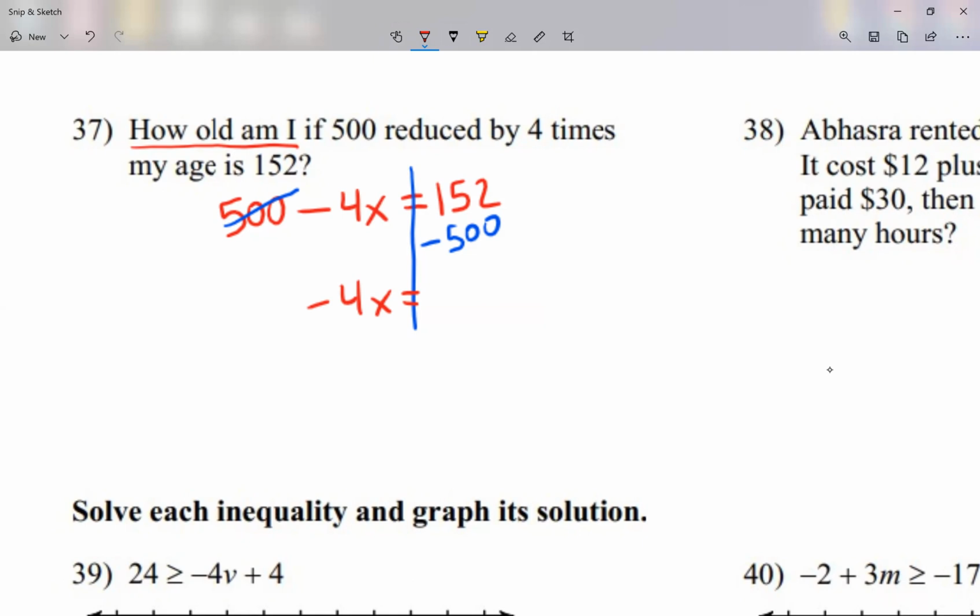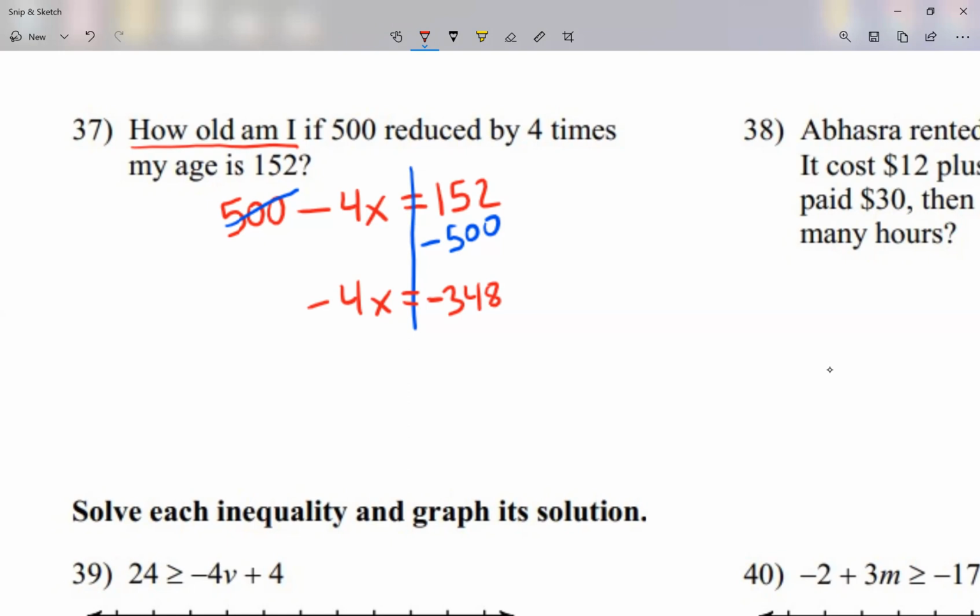Usually when the signs are different, I subtract the values, 500 minus 152, which is 348, and I keep the sign of the larger one. So in this case, negative 348.